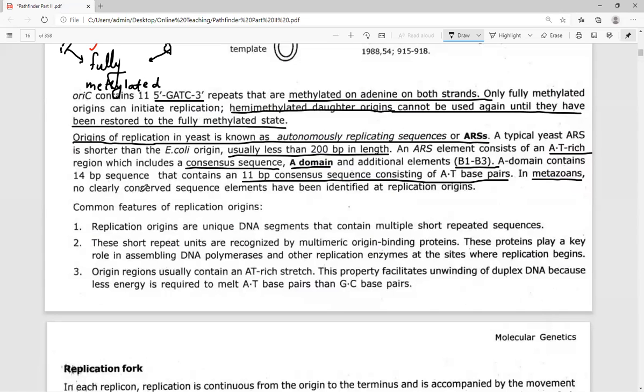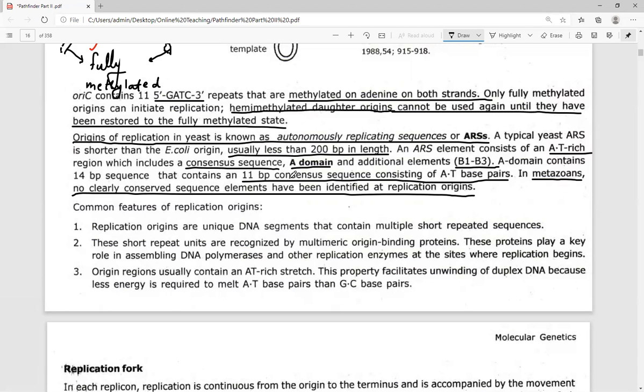Metazoans, the mammals, have been classified into three different types: the prototherians, the metatherians, and the eutherians. In metazoans, no clearly conserved sequence elements have been identified at the replication origins.